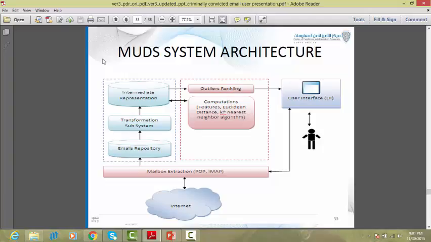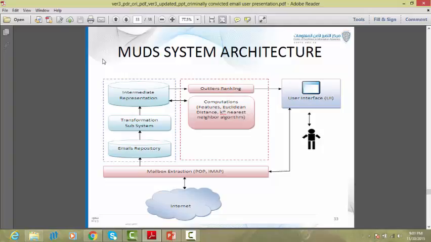It starts from the bottom, actually, you can see that over here. It starts from the internet, where from the internet server we will extract the emails using the POP and IMAP system. After that, the intermediary stage comes, where the first intermediary stage is the email repository.